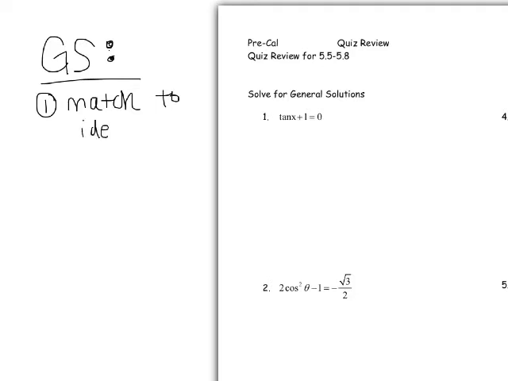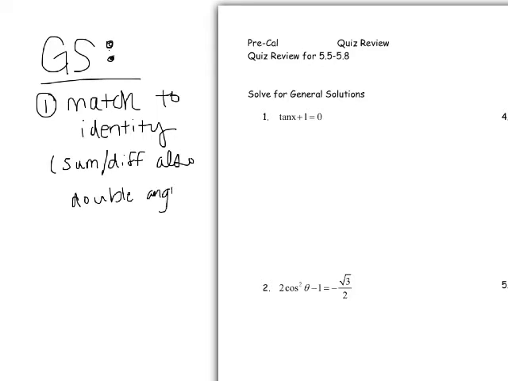So the identity choices are the sum and difference or the double angle. So if it matches, go ahead and match it up and use the simplified version of your equation.